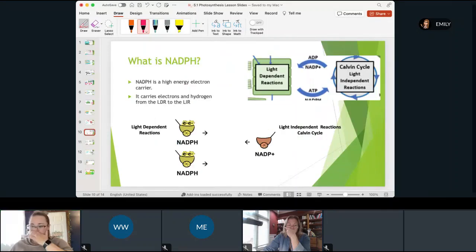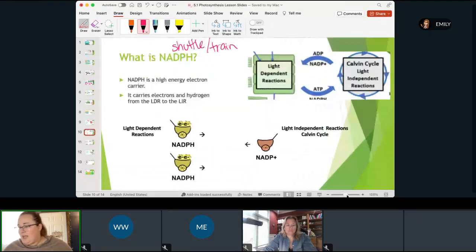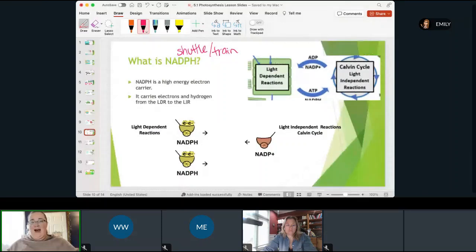Okay, so let's talk about what is NADPH. You know how I said we were going to talk about trains and batteries? NADPH is your shuttle or your train. Okay. And what NADPH does is it is a high energy electron carrier. Okay. So it carries electrons.